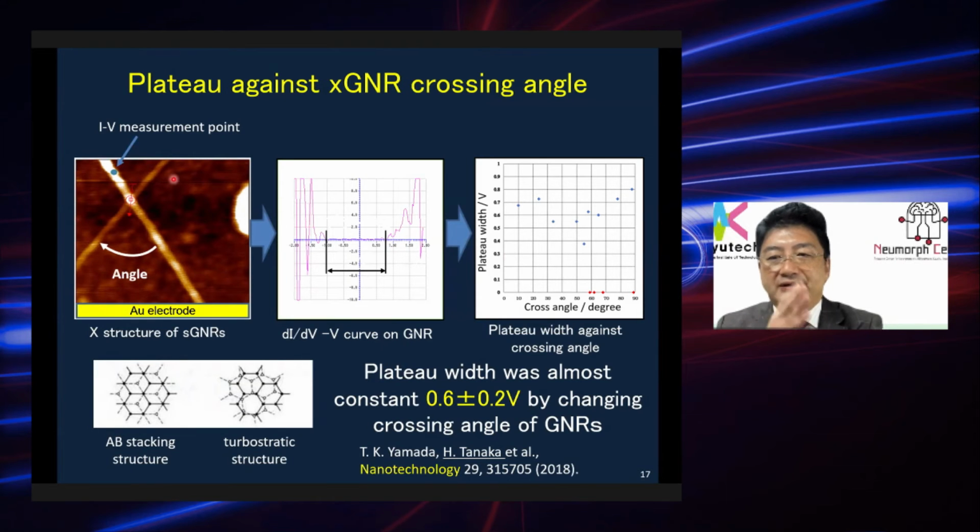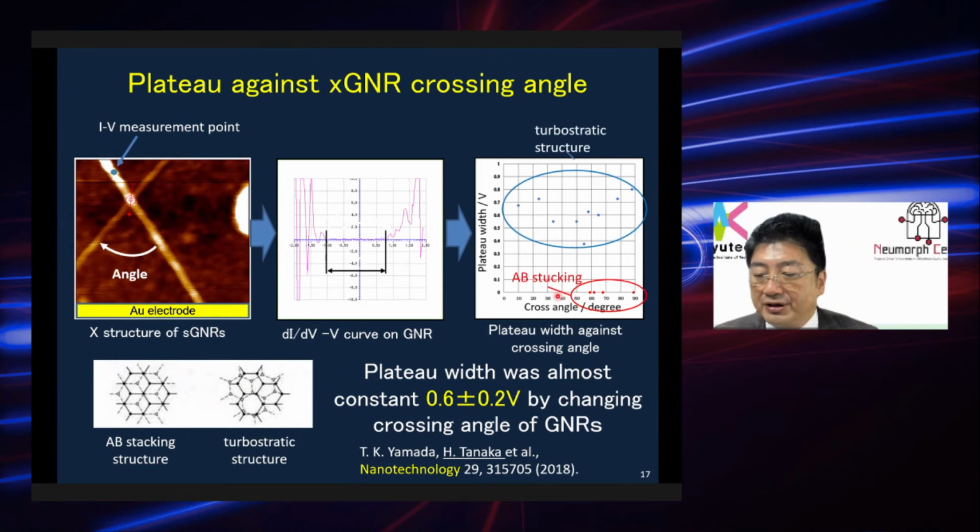And we tried to change the crossing angle and measure the plateau, how large the plateau area is. By changing that, we picked up many crossed structures and measured the IV curve. The plateau width was almost constant, 0.6 plus minus 0.2 volt here. So it was very constant. But sometimes we saw that there's no plateau area, which means metallic conduction.